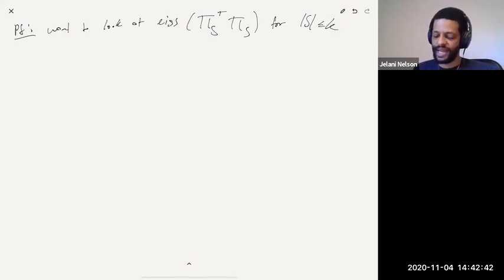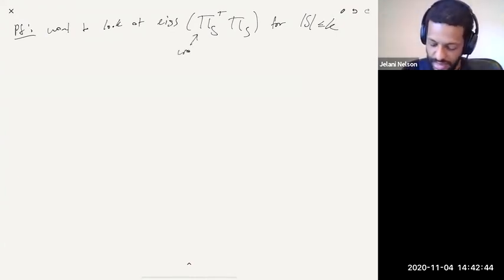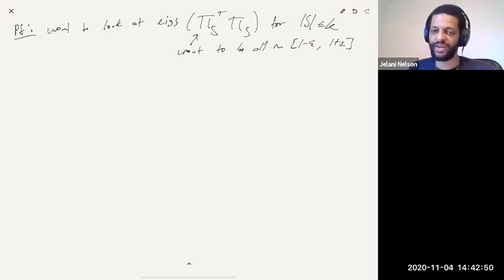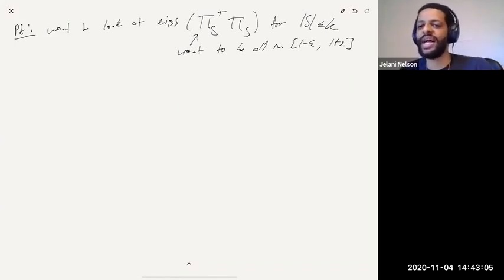And what we want to say is that we want these to be all in the interval 1 minus epsilon, 1 plus epsilon. That's what it means to be RIP. But the Gershgorin circle theorem says that all the eigenvalues lie in a complex disk. Well, in fact, it's a real symmetric matrix, so all the eigenvalues are real. So it says that all the eigenvalues are close to the diagonal.